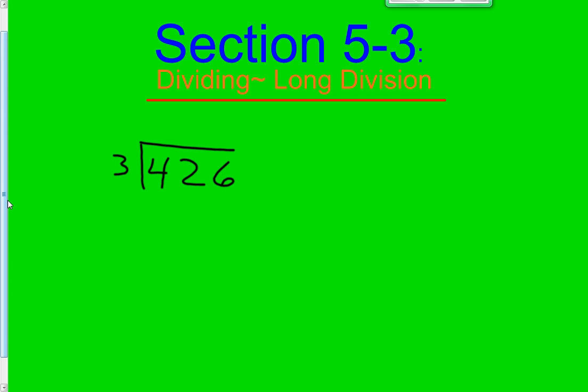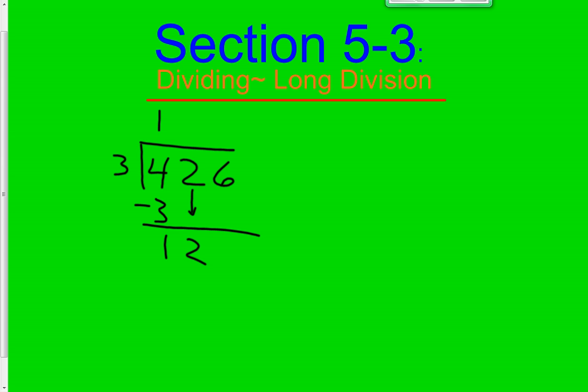So the first thing we do is we say, does 3 go into 4? We say yes, it goes in there one time, so we put 1 on top. Once we get that, we multiply the 1 by the 3. We multiply it down. So 1 times 3 is 3. After this step, what we do is we always subtract. So we do the opposite. 4 subtract 3, and we get ourselves 1. And then we bring down this 2.